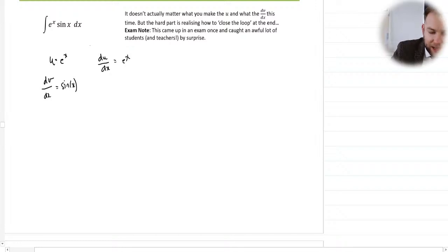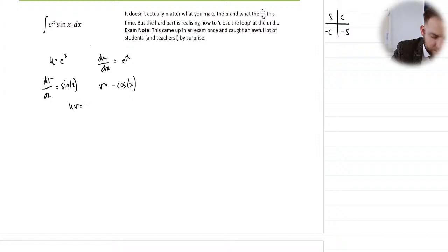And if I integrate this, let's do it over here, sine, cos, minus cos, this is going to integrate to minus cos of x. If I substitute those values in then, so this is going to be uv minus the integral of v du by dx with respect to x.